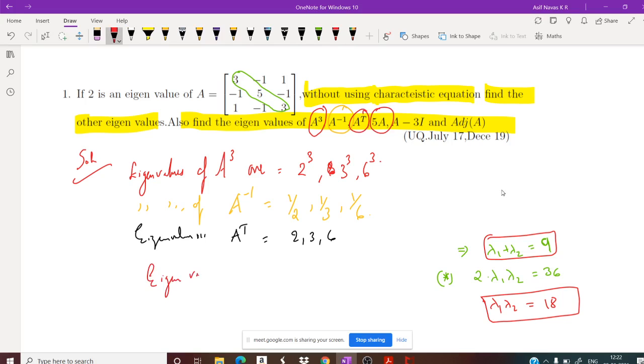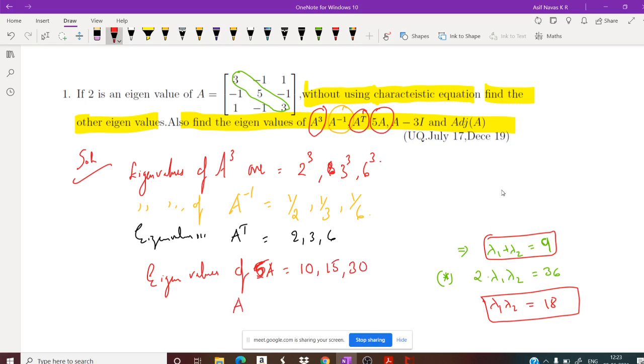It is a constant times A, so you just multiply the eigenvalues of A by 5. So the eigenvalues of 5A are 10, 15, 30.